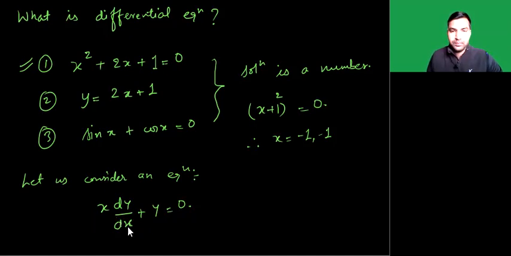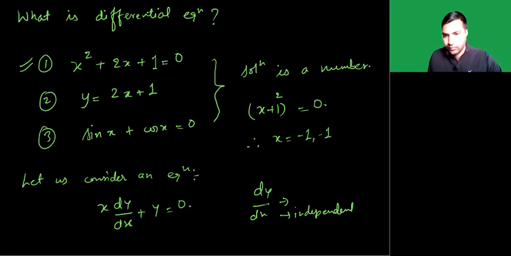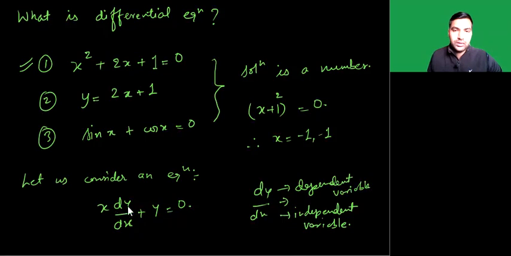Here you will see an independent variable and a dependent variable, right? So dy by dx is the derivative of y with respect to x. So x is the independent variable and y is the dependent variable. So this equation is a differential equation of order 1.